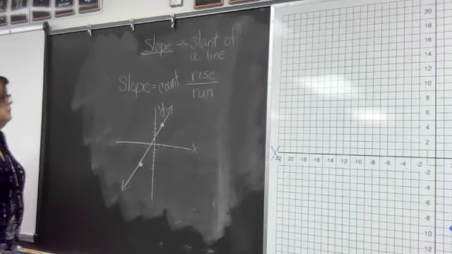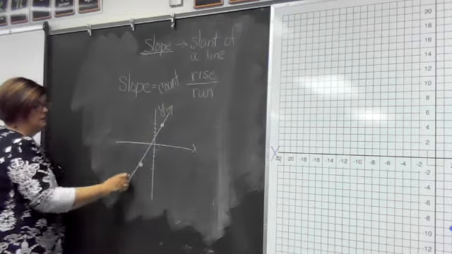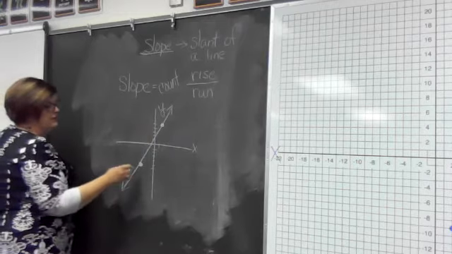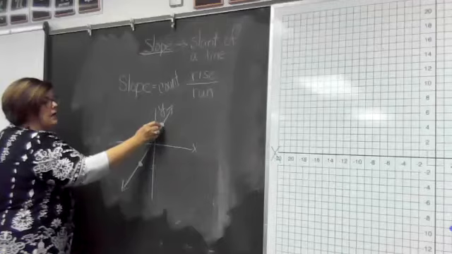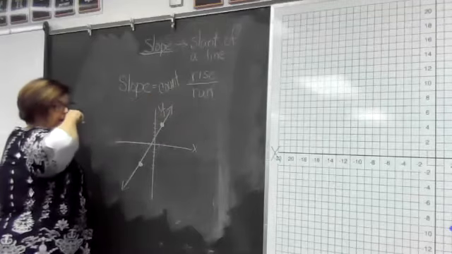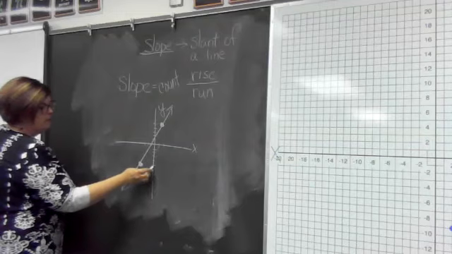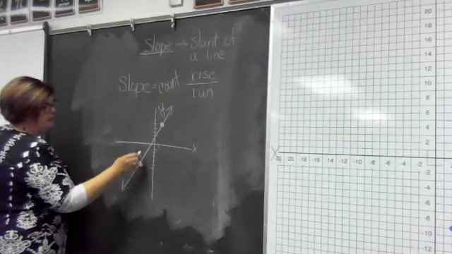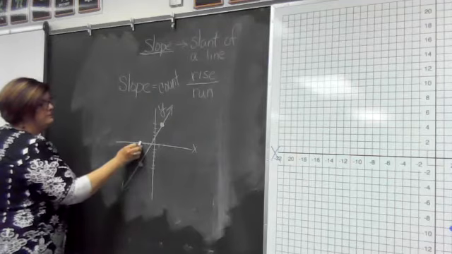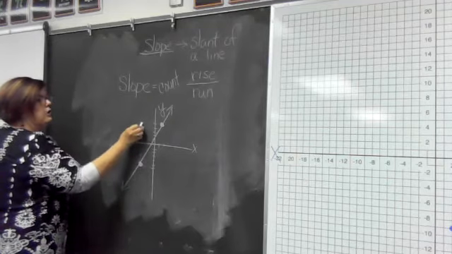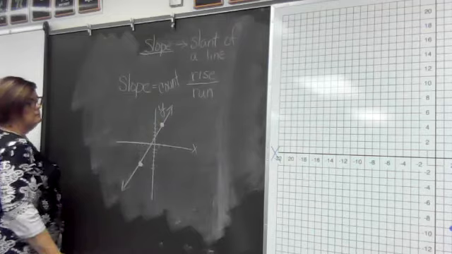Okay. So to find the slope of this line right here, I'm going to pretend that this is my house. This is my friend's house. And the slope is my GPS, how to get there. So I'm going to start from my house, which is right here, and I want to go all the way to my friend's house.